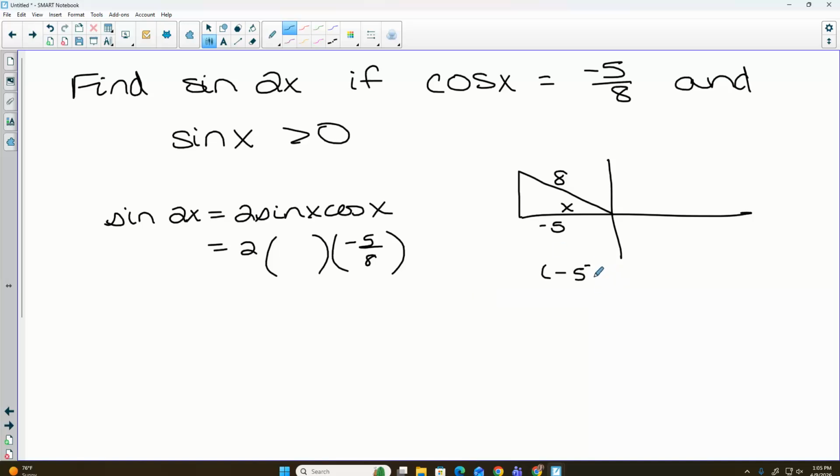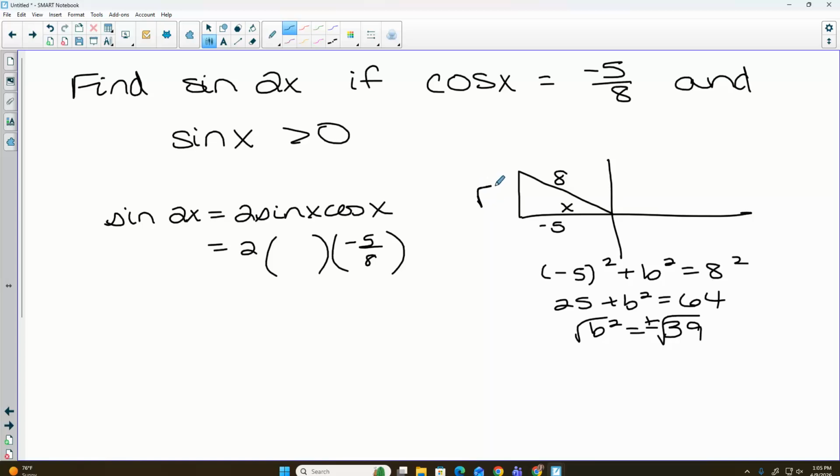So we have negative 5 squared plus b squared equals 8 squared. Okay, square root, how do I know if it's positive or negative? Yep, in quadrant 2, that would be a positive, it's going up. And I can't break down that radical.